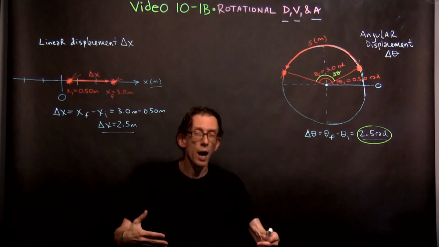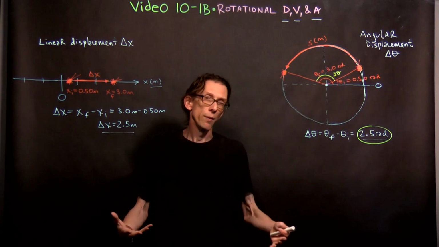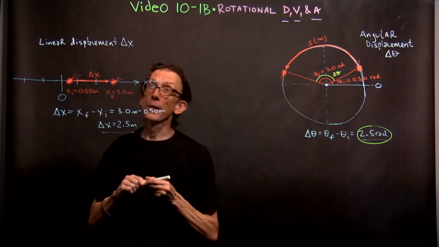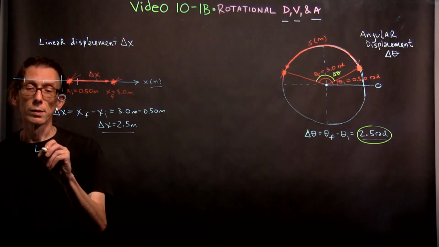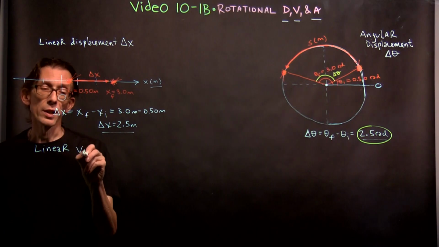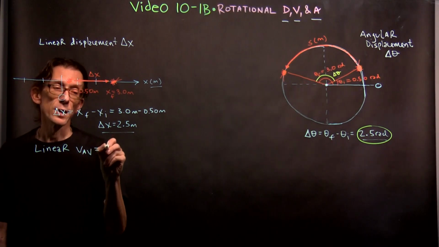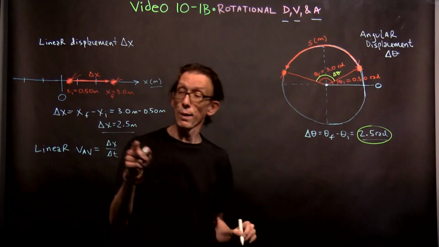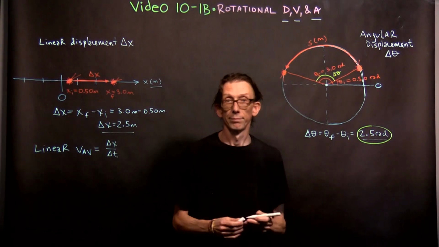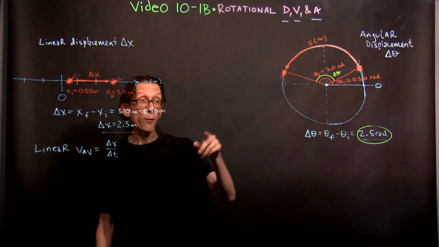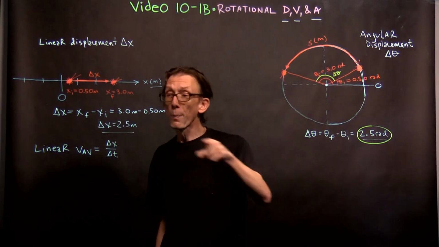The analogy doesn't stop. In fact, the analogy actually never stops. It keeps going. It keeps giving. So we had linear displacement in delta x. We also had linear average velocity. Remember that? Delta x over delta t. We defined it in terms of the displacement. Well, if we put in theta for x, what do we put in for v?